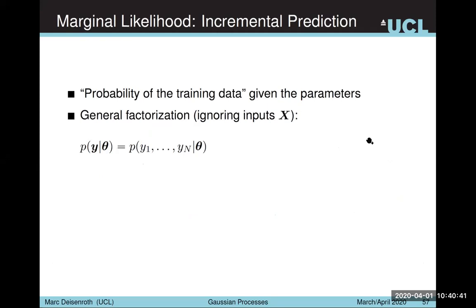More specifically, I want to look at the equation of the marginal likelihood. So this is the marginal likelihood, and I'm ignoring the x values here. What this equation says is that it's the probability density function of the training targets given the parameters, or hyperparameters in this case.